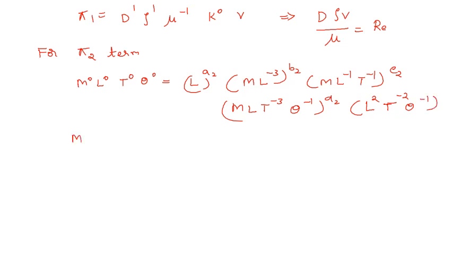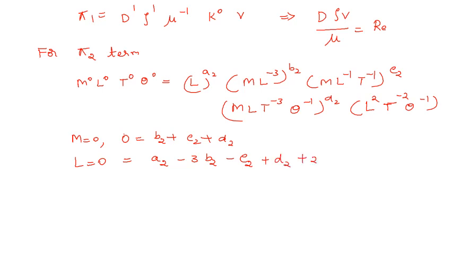Equating M is equal to 0 on the left hand side, that is 0 is equal to b2 plus c2 plus d2. L on the left hand side, 0 is equal to a2 minus 3 b2 minus c2 plus d2 plus 2.